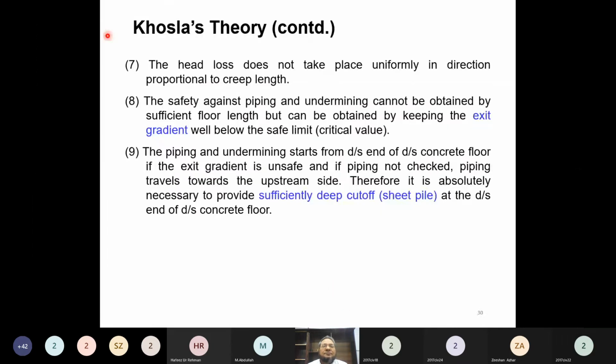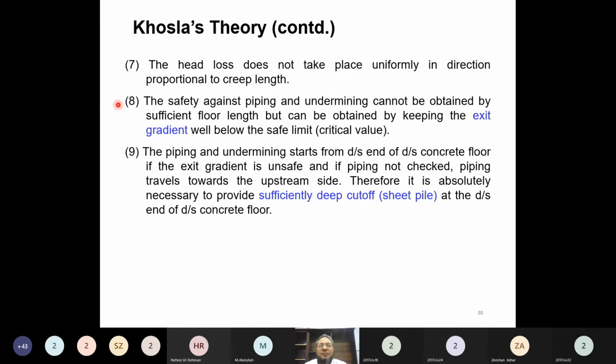This is number 7. The head loss does not take place uniformly in proportion to the creep length. Actually, according to Bligh and Lane, the head loss was proportional to the creep length. Here it is not like that. Number 8.